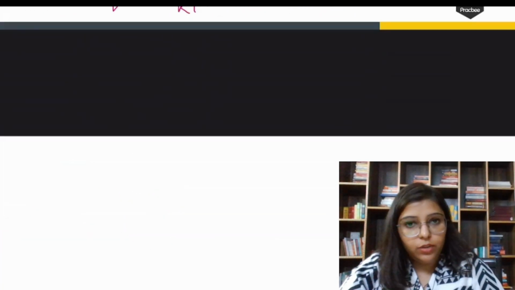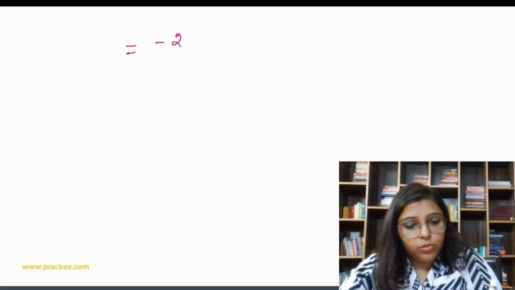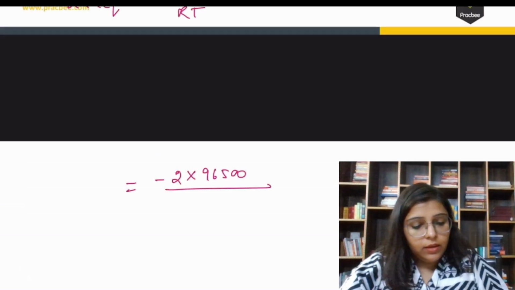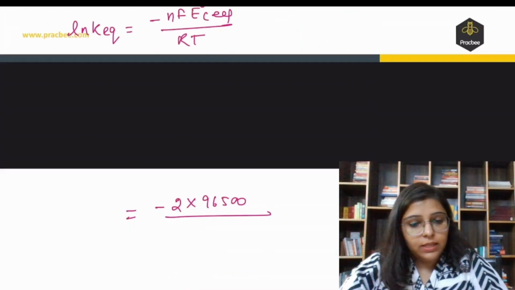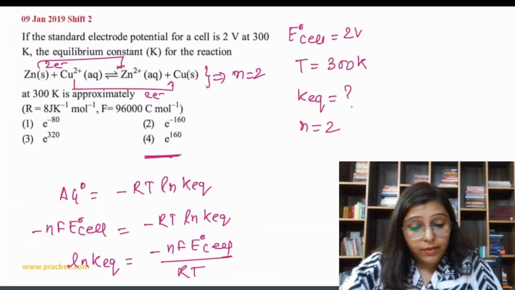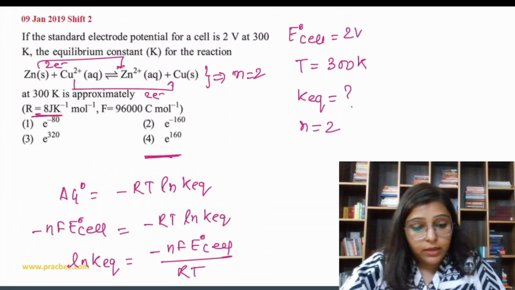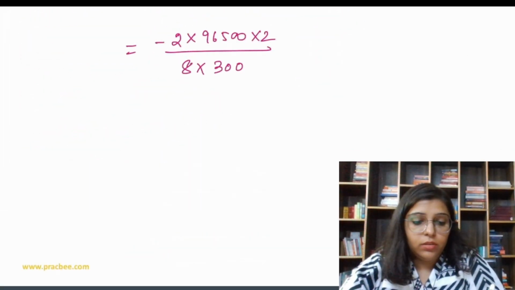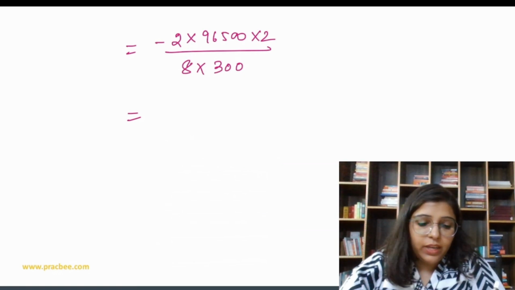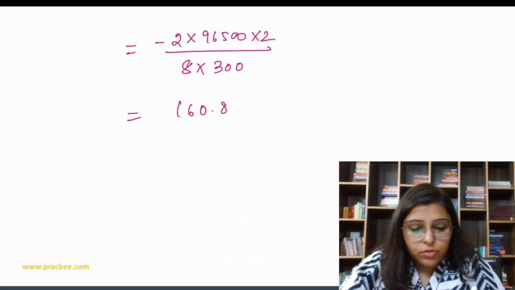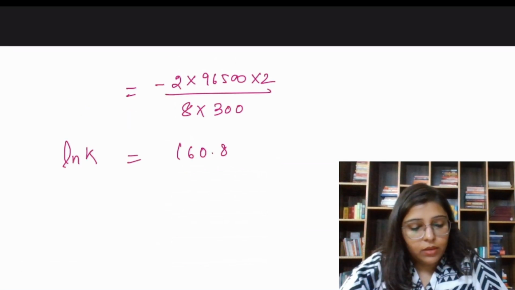Let's put the values: 2 into 96500, E naught cell is 2, divided by RT, where R we take as 8 and temperature is 300. So 8 into 300. On solving, we get around 160.8. That is the ln K.